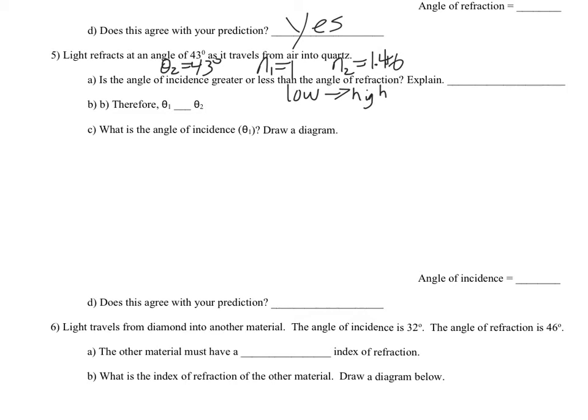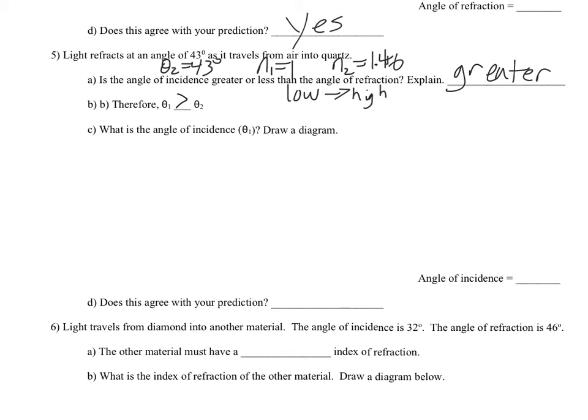So our angle of incidence is going to be greater than our angle of refraction. Using low to high, the light is going to get closer to the normal, so the angle of refraction is going to be smaller. So therefore, theta 1 is greater than theta 2. And one way to think about it is if n1 is smaller, that means theta 1 is bigger.